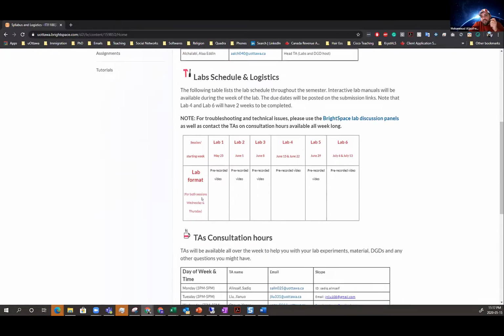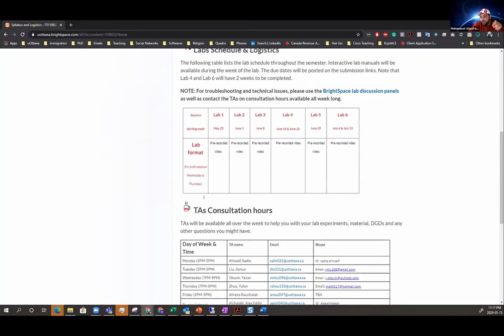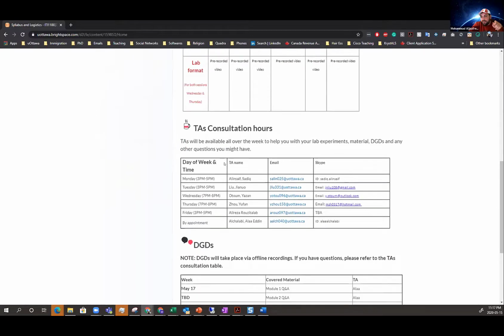If you have any question during the week, you can consult this table and Skype any one of them at the time you like. If you're busy at that time, send Ala an email and he will schedule a time for you.